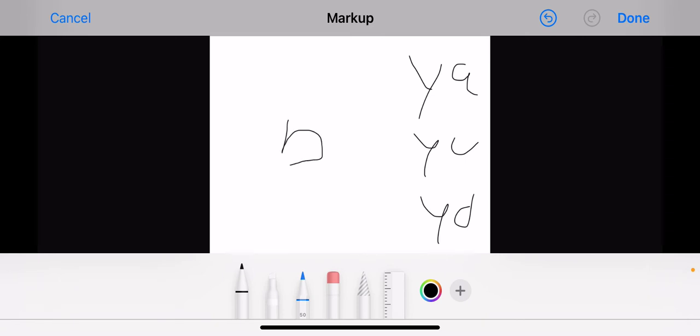Okay, so we're going to go through one last bunch that kind of look the same, which is ya, yu, and yo. These are the only ones that don't have a yi and a ye. So yu kind of looks like a sideways U. If you tilt your head around, it looks like a U, right?